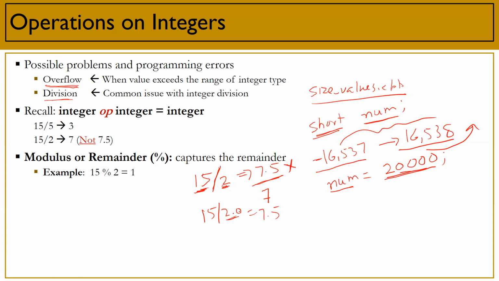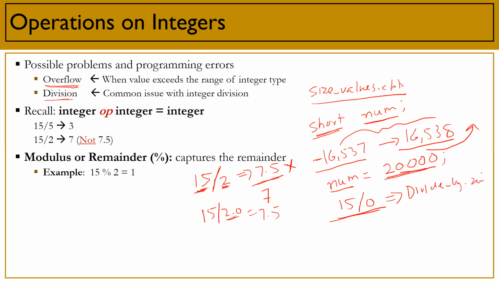Sometimes people also divide a number by 0, like 15 divided by 0. In math, this should give you infinity, but here you will get a runtime problem, which is called the divide by 0 problem. So you should be careful of that too.